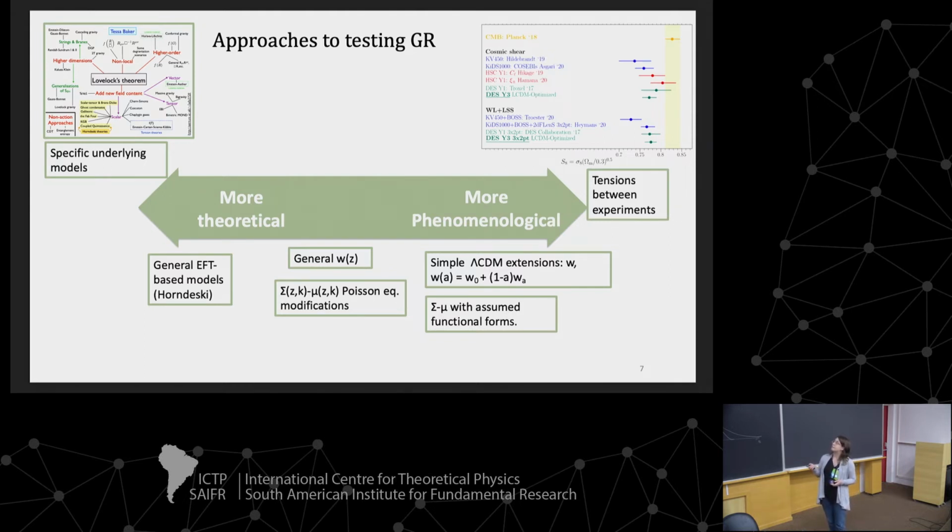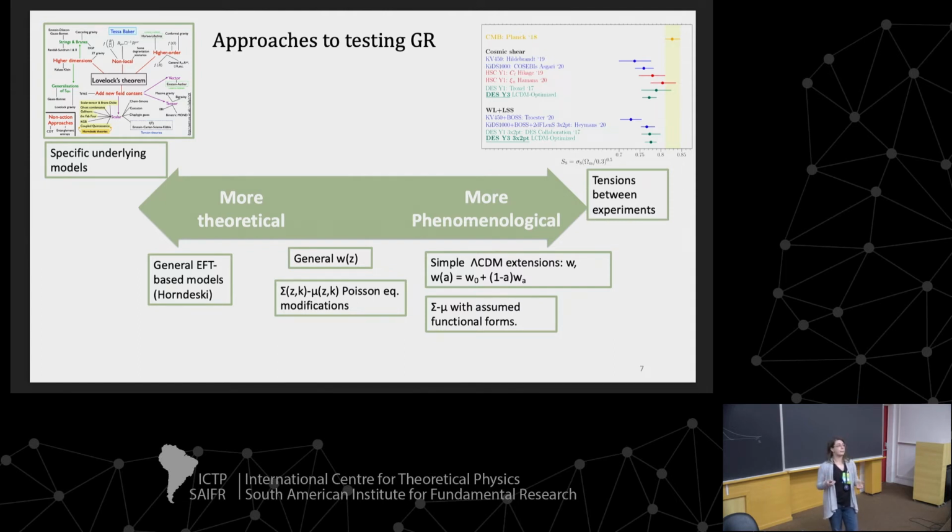If you want to be more on the theoretical end, you don't want to have to take every specific formulation of a model and go all the way to observables. You can look for more general models. So this is where people look at EFT of dark energy models or Horndeski gravity, very general descriptions of beyond-GR models you can write down.